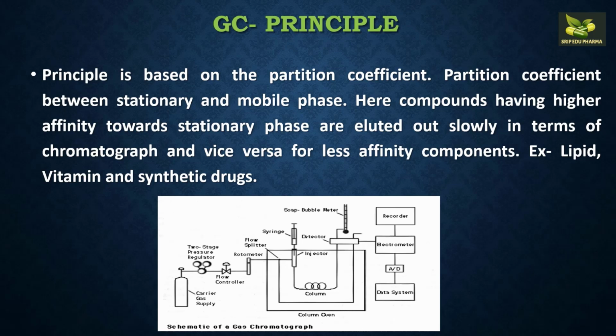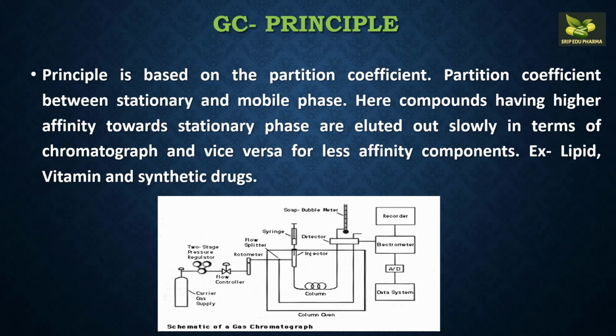So partitions are actually offered fraction-wise. Those that have higher affinity towards the stationary phase will be retained there for a long period and separated last, at the end of the separation.